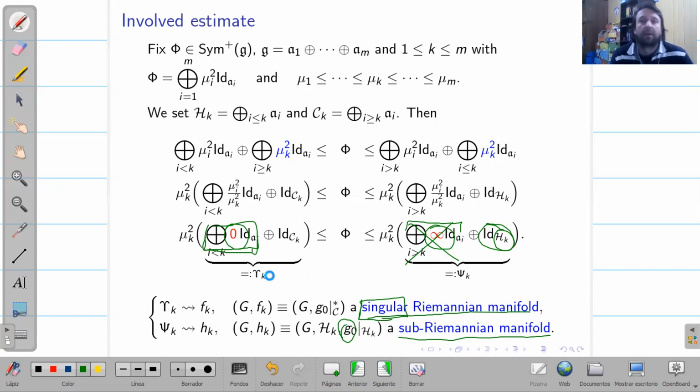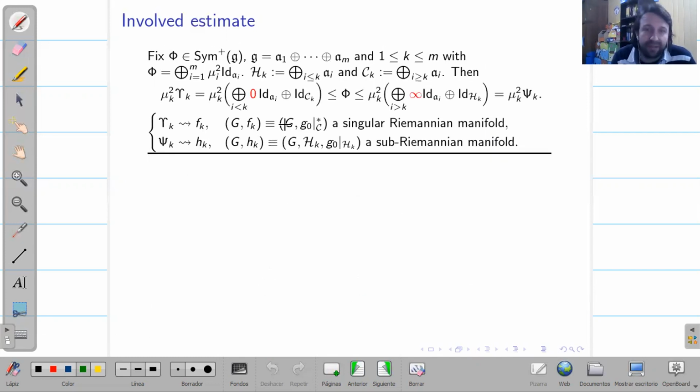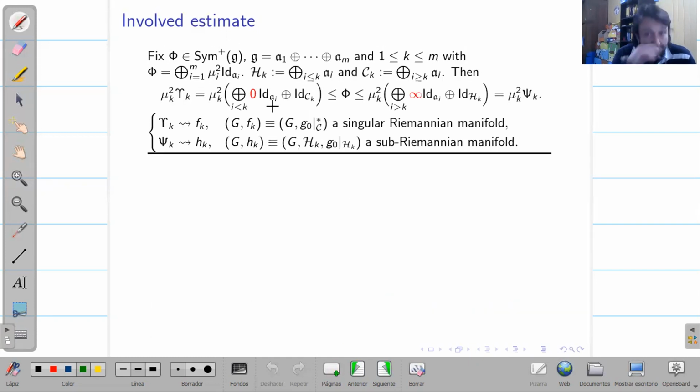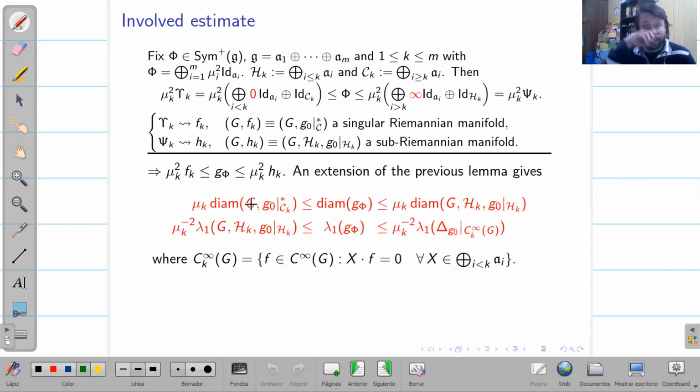Okay, and this is a summary of the previous slide. What we obtain is that our Riemannian metric is bounded by mu k squared times this sub-Riemannian structure, and here the singular Riemannian structure. So this is an extension of the previous lemma.